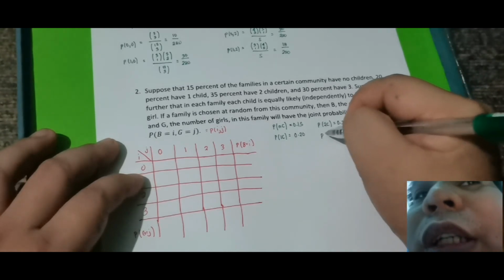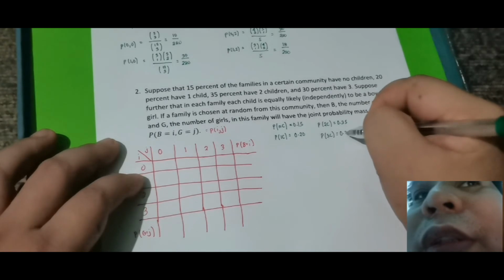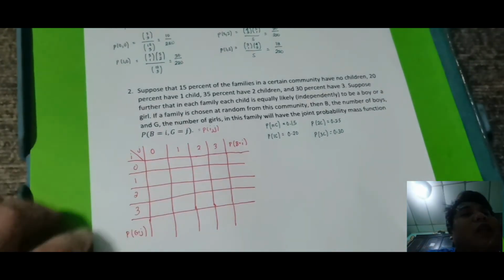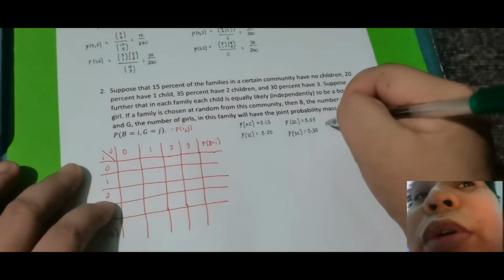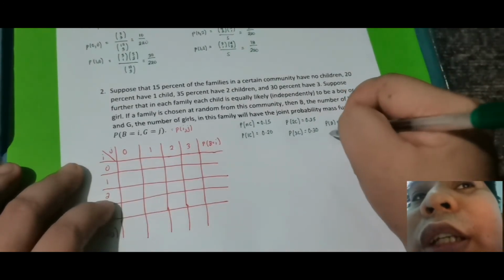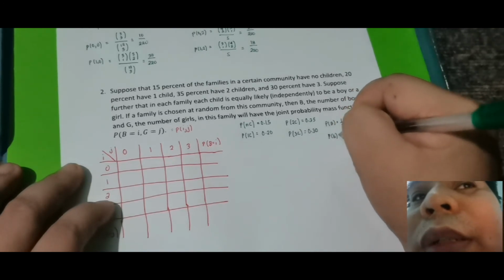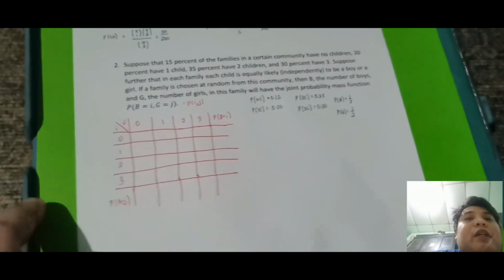Okay, ang probability na pag siya ay 3 child, this is simply 0.30. Na ang probability naman ng boy, syempre 1/2, kasi dalawa lang ang choices eh. Ang probability na girl yung anak is simply also 1/2. Okay, so yan yung mga choices na gagamitin natin dito.